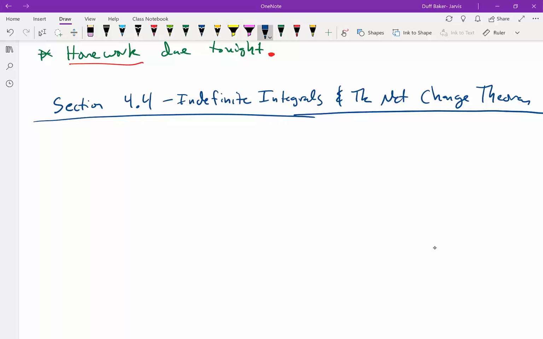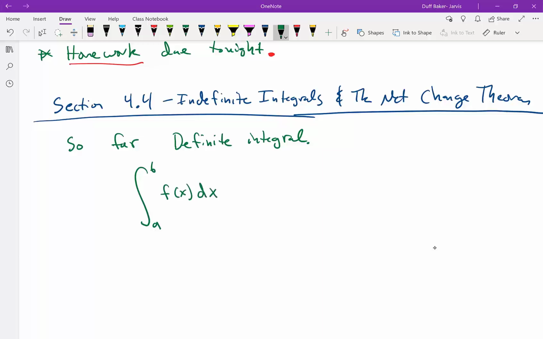So, okay, let's think back to what we've done so far. Up till now, we've spent a long time concentrating on the definite integral, right? The definite integral is this symbol that calculates the area between a function and the x-axis over a certain interval.